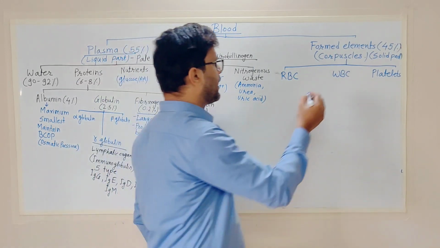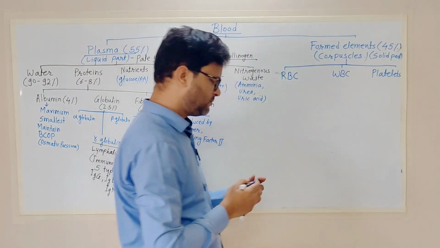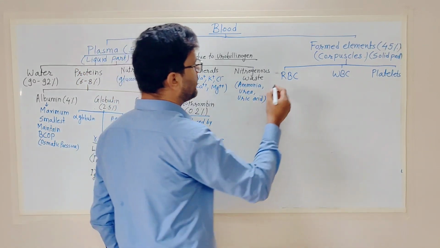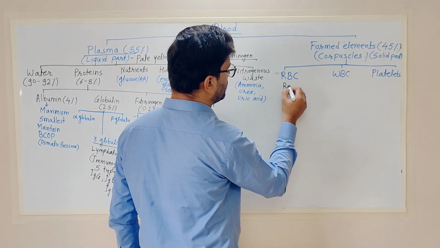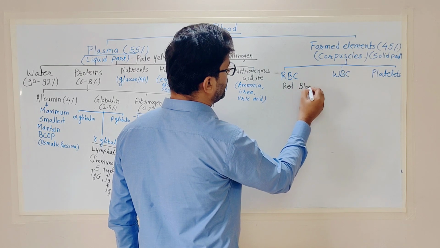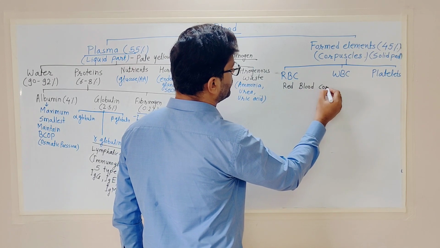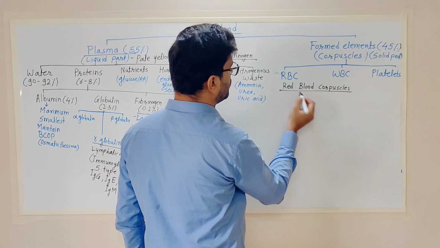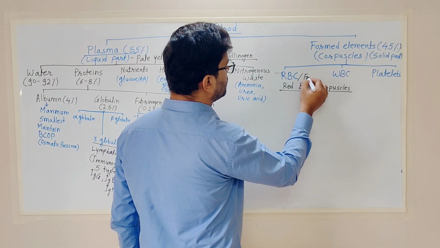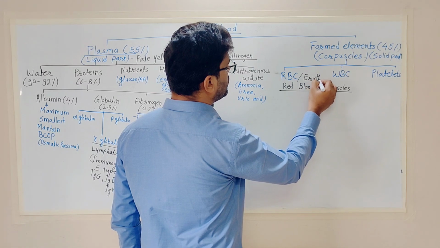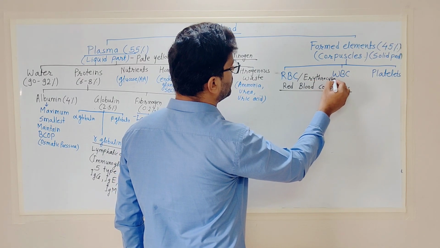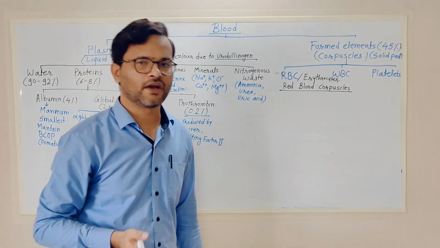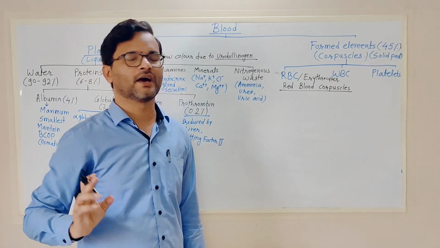Okay, so RBC first. What is meant by RBC? RBC means red blood corpuscles, or it is also known as erythrocytes. Okay, RBC, erythrocytes, red blood cells or red blood corpuscles.